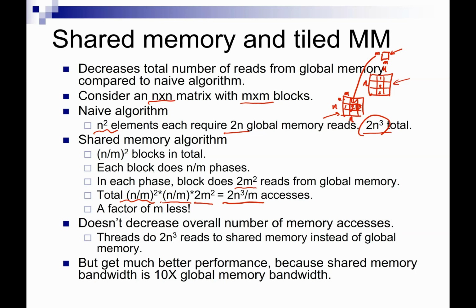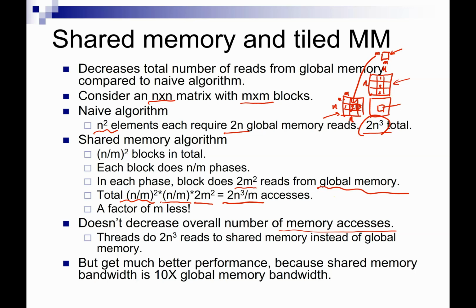Now I want to mention that we've reduced the number of global memory accesses, but we don't really reduce the number of total memory accesses. After you've read these little m by m tiles from global memory into shared memory, the thread blocks need to read from shared memory.